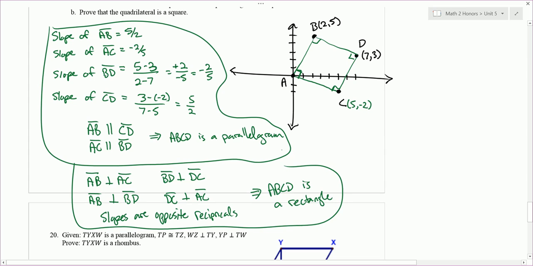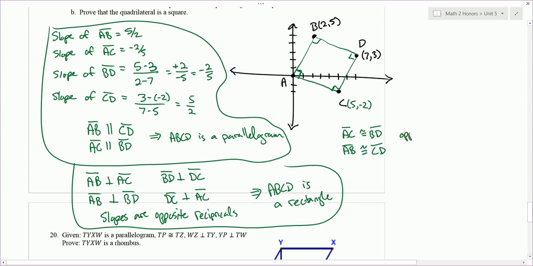Still don't have that it's a square. We're getting closer. Let's look at the length of AC. Well, we know first of all that AC is congruent to BD, and AB is congruent to CD because that's a property of a parallelogram.